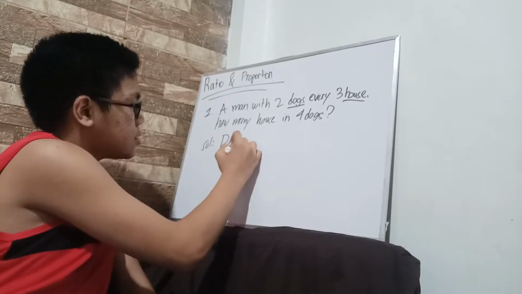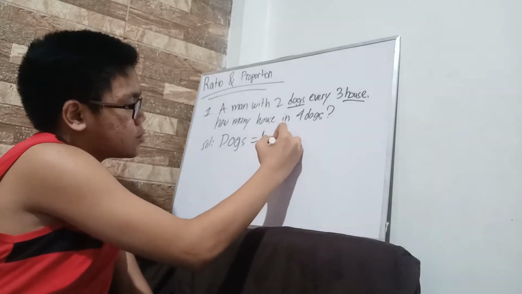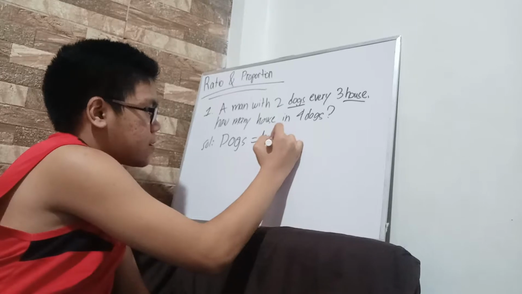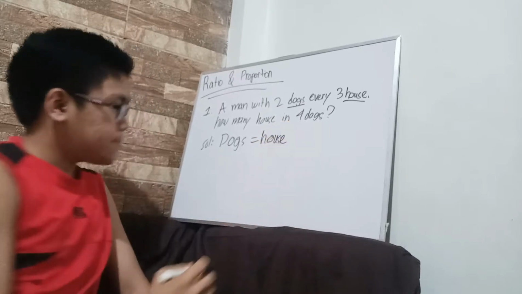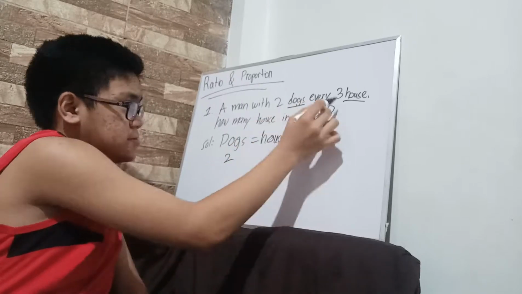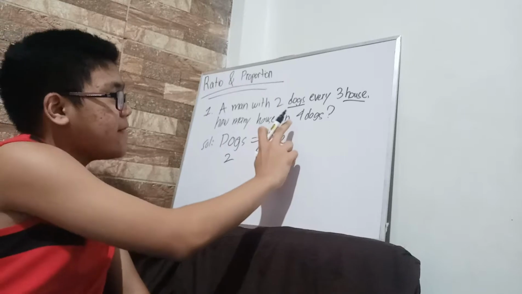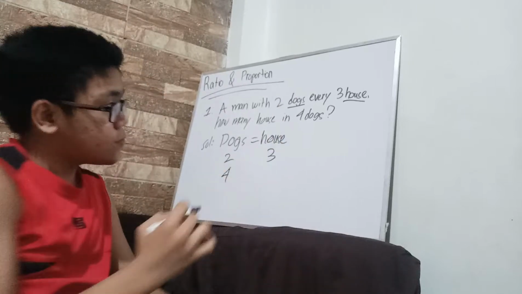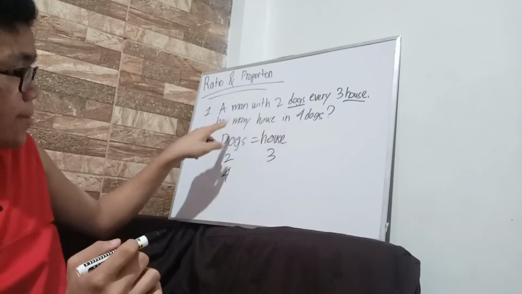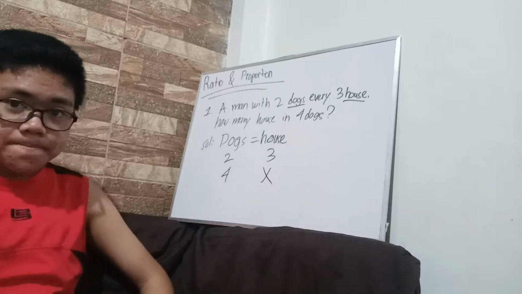So, dogs, and here is house. So dogs, we have 2 and then 3. Then we have 4 dogs. But the problem is how many house in 4 dogs. So here you will put an X. Okay?